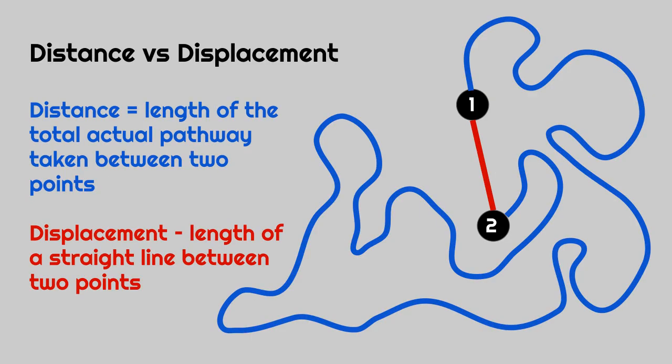All right, so let's first talk about distance versus displacement. So distance is the total pathway, and the total pathway is this. Let's say this is my start, right? My start place as 1, and I'm traveling this kind of curved route. And you may have done this, especially if you've gone to Hocking Hills or something.